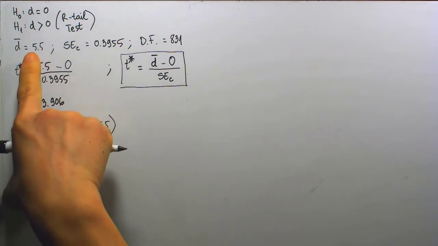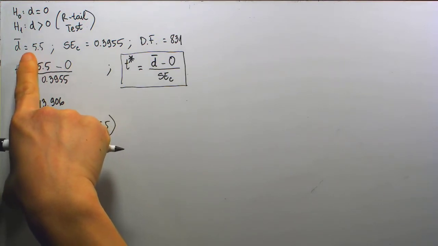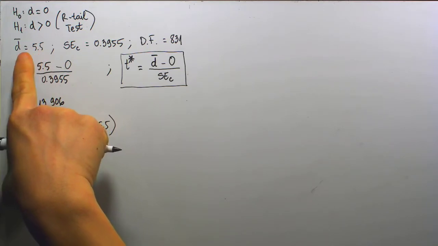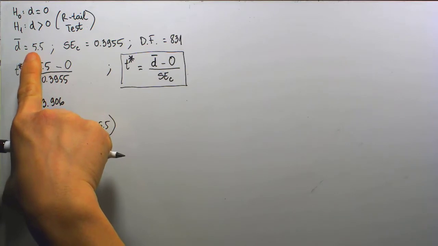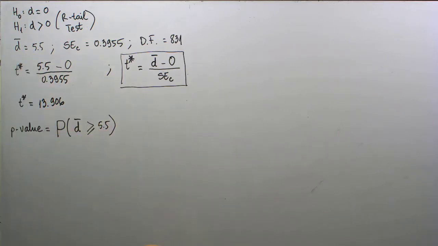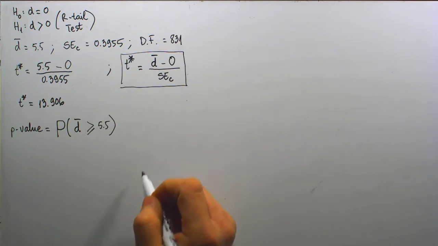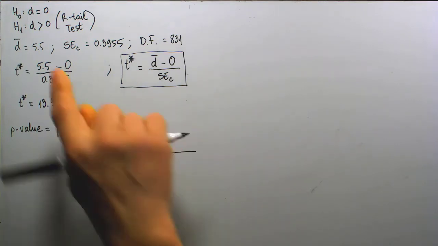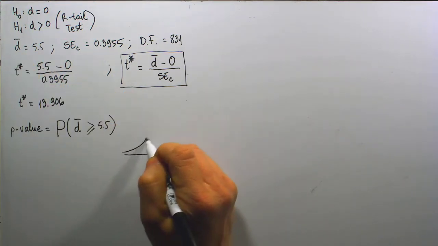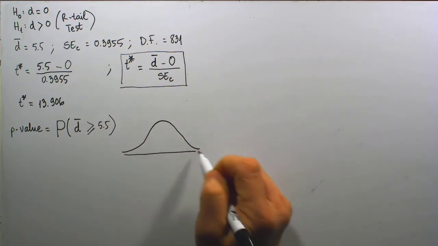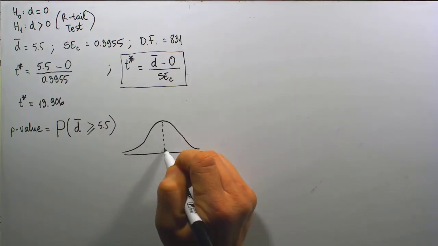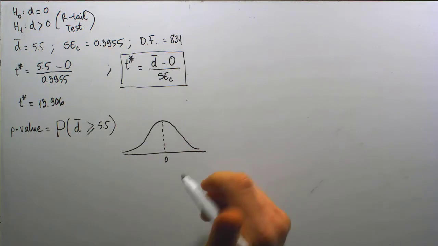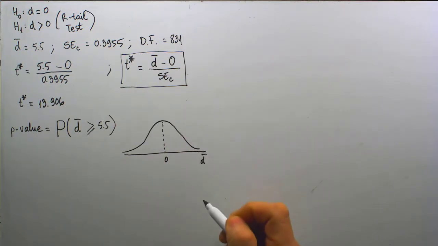So again, I remind anyone watching this lesson that the d bar that we have here is not the only value. There are infinitely many other values out there for d bar, being the difference between a sample mean from population 1 and a sample mean from population 2. And so now we can imagine that all d bar values I have mentioned here can be placed on a bell curve, where the center of this bell curve is at 0, and any value on this line is a value that we can possibly find for d bar.